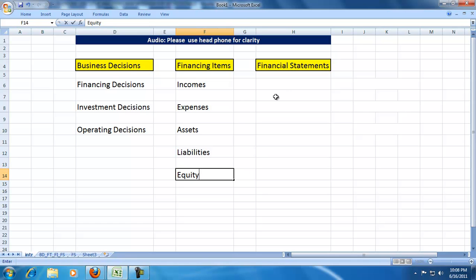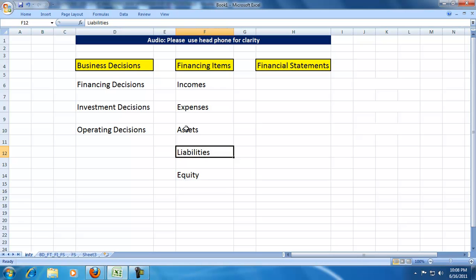In other words, all the business decisions will involve financial items, and all these financial items can be classified into incomes, expenses, assets, liabilities, and equity. And this is the fundamental relationship between business decisions and financial items.